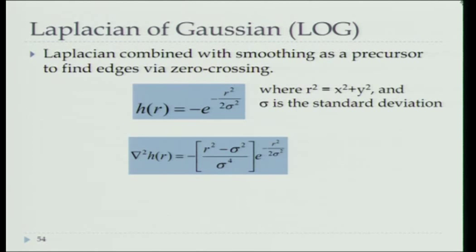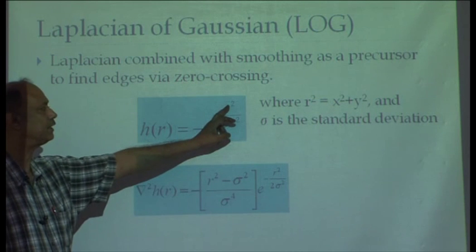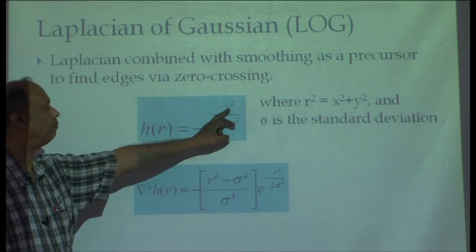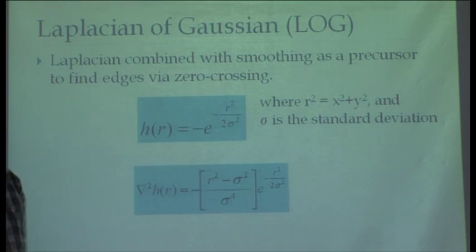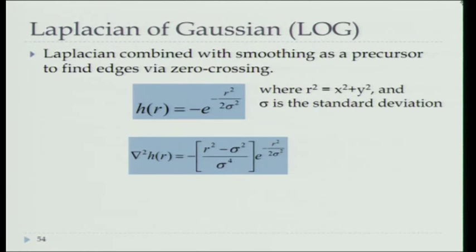Now, we also discussed what a Gaussian filter is. The Gaussian filter is nothing but e to the power minus r square, where r square is x square plus y square, divided by 2 sigma square. This sigma is the filter parameter, how much filtering you want to perform.